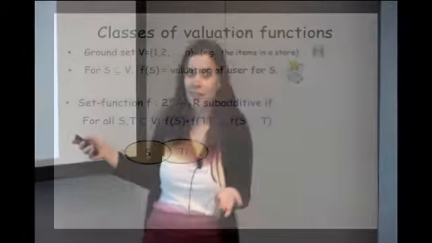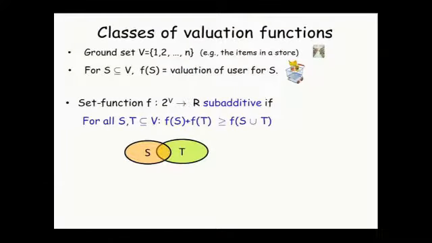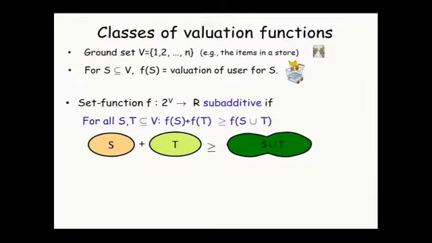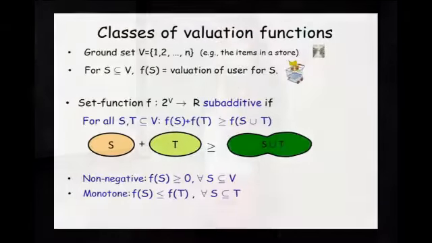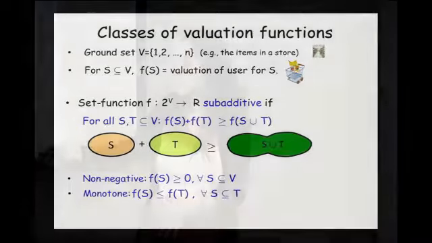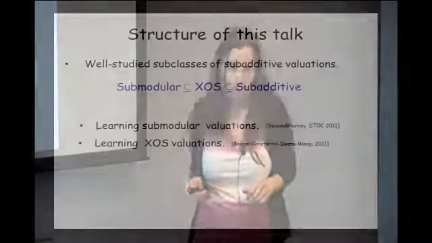Formally, a valuation function is called subadditive if for any two subsets S, T of the ground set, we have that f of S union T is upper bounded by f of S plus f of T. I will also assume throughout the talk that these valuation functions are non-negative and also monotone, so the customer never minds having more. All right?